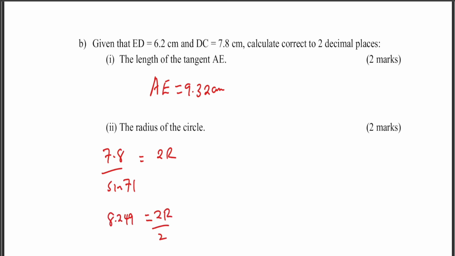Then divide by 2, R will equal 4.125 or 4.12. So 4.12 centimeters is your radius. So let's go to the other question.